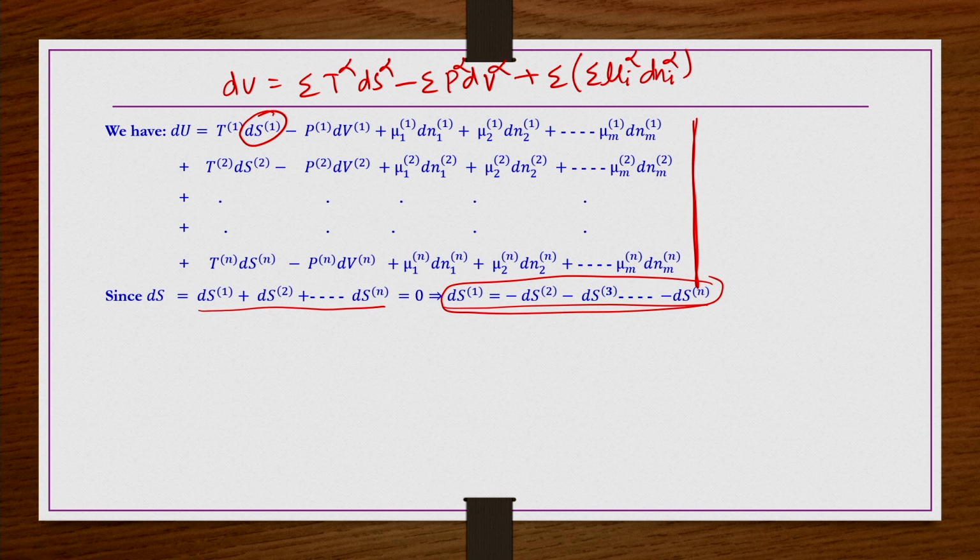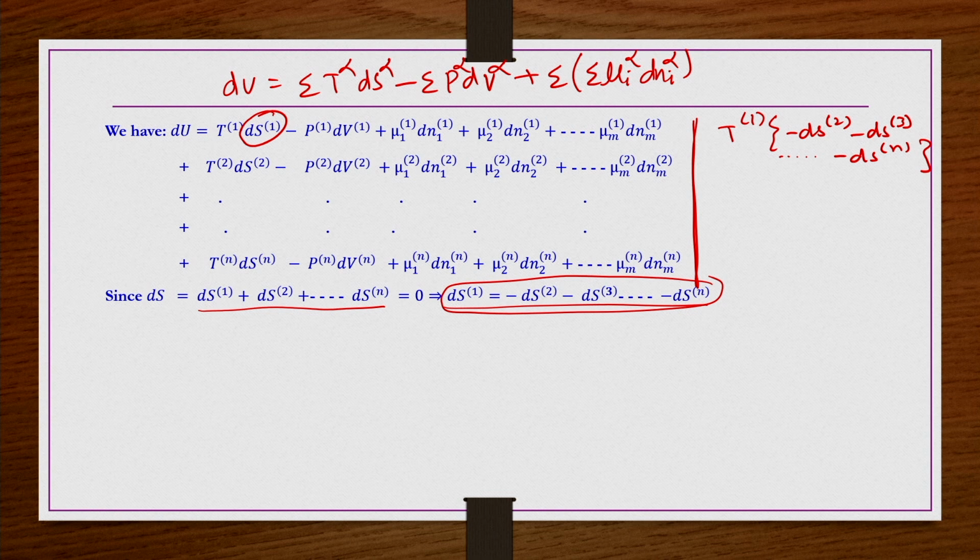So, T1 multiplied by minus ds2 minus ds3 and so on, minus dsn, right.